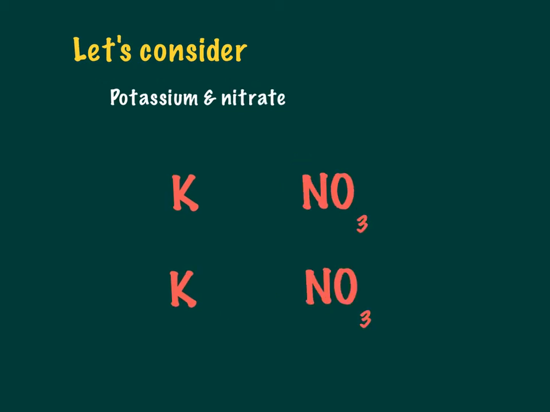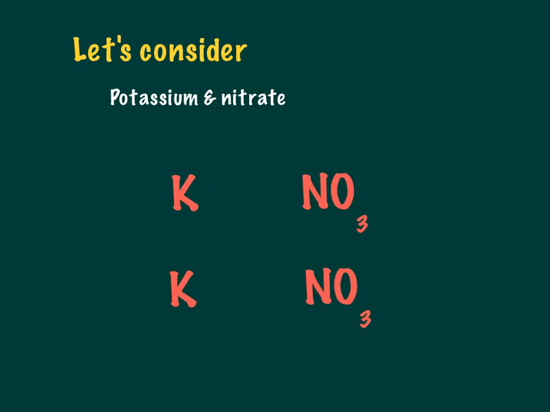Alright, let's look at a second one. This time I've got potassium combining with a complex ion called nitrate. Now the combining power of potassium in group 1 is still 1. The combining power of nitrate is the same as the charge on the ion, which is 1. So again, we've got a 1-to-1 relationship.